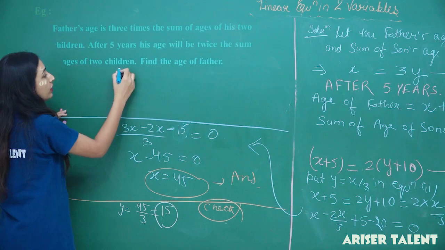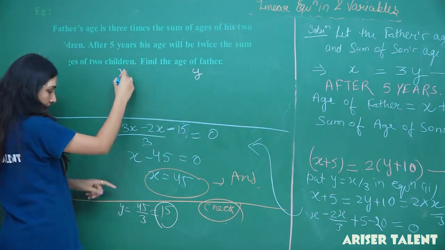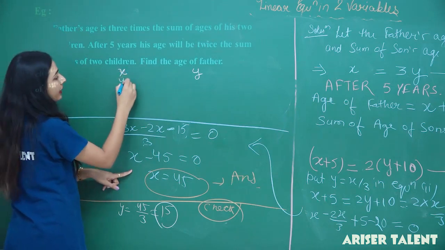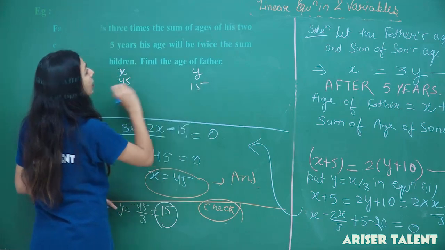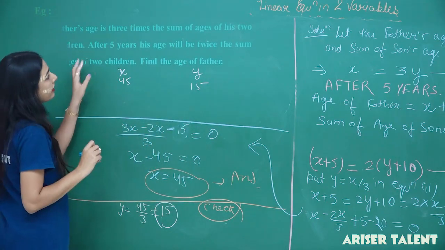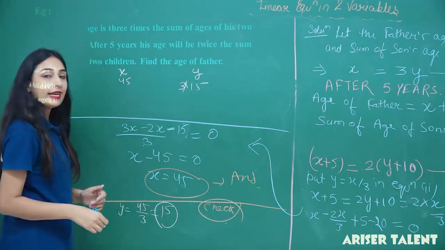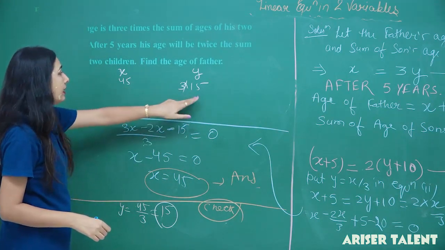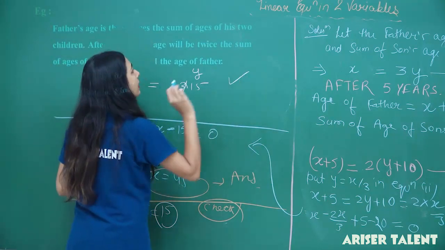So father's age was x and the sum of ages was y. So their x will be 45 and the y will be 15. Now it's saying that 3 times the sum. So is this equal? Yes, it is equal. First check completed.